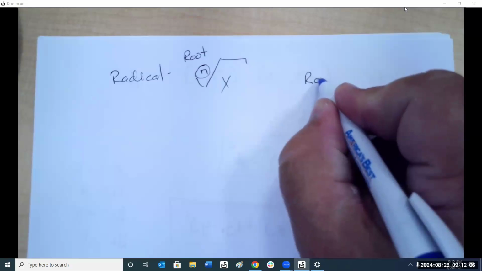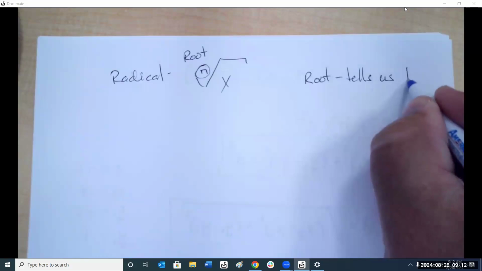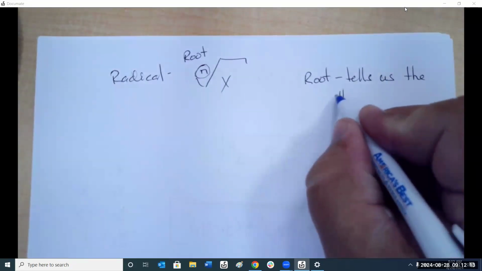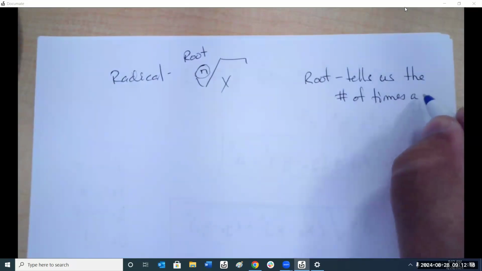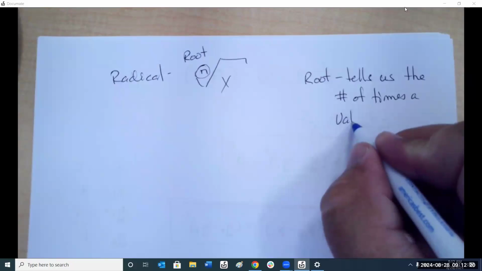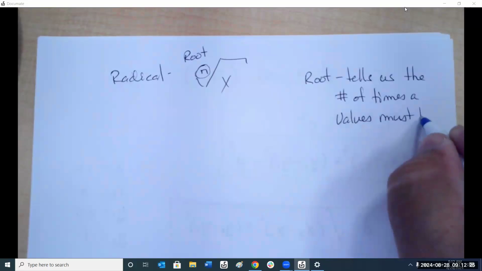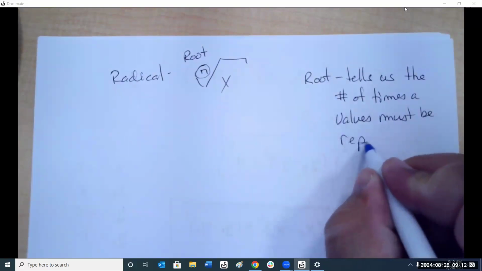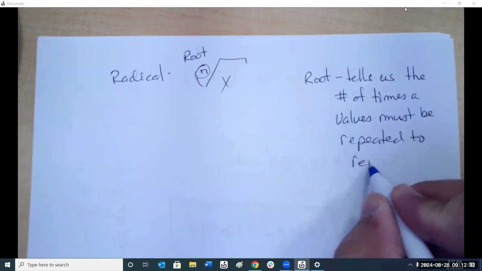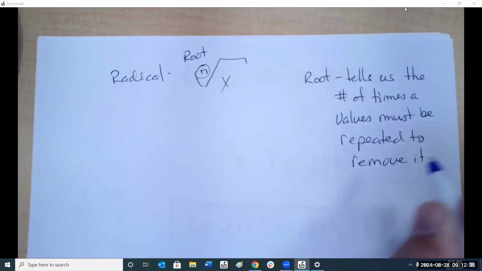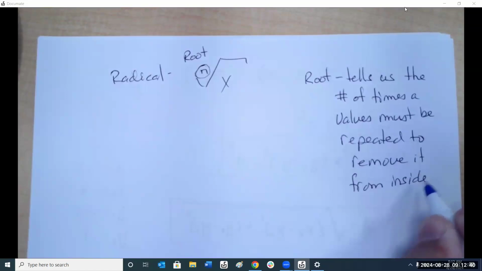The root tells us the number of times a value must be repeated to remove it from inside the radical.